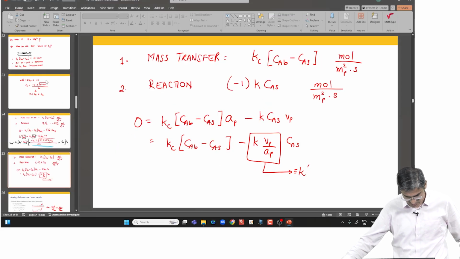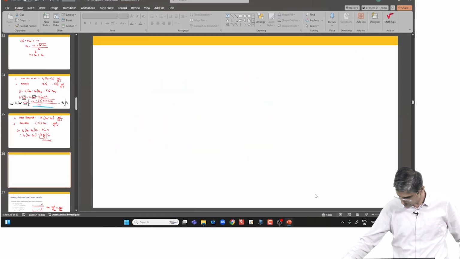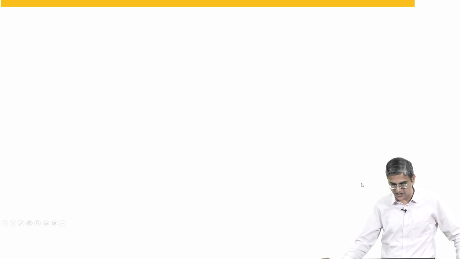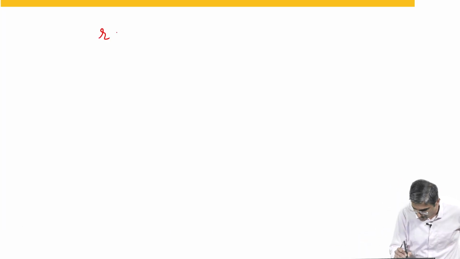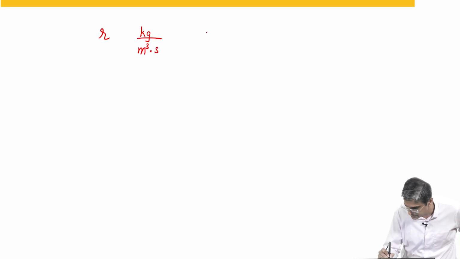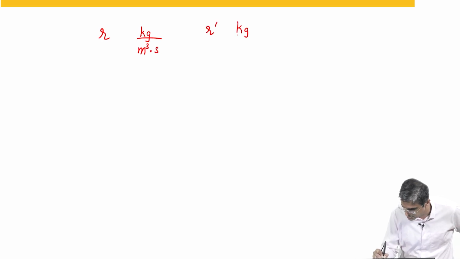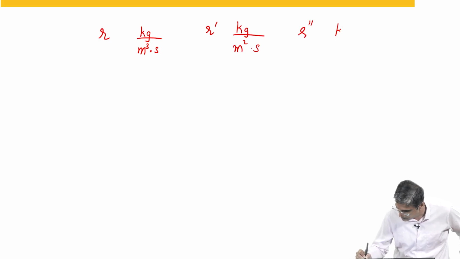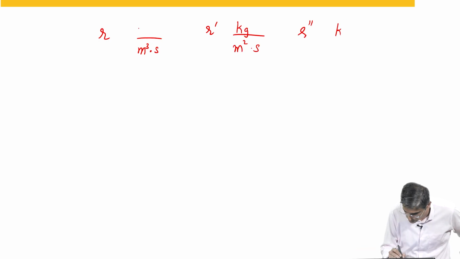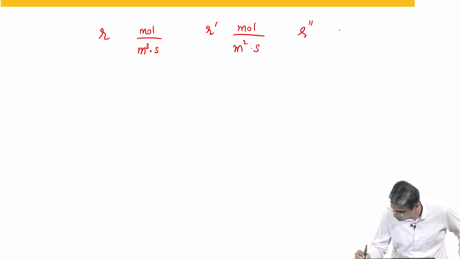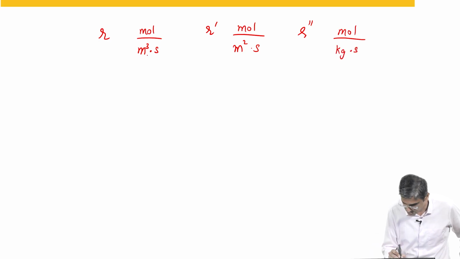Again, you have to connect the different parts. R is in moles per meter cube second, R dash is moles per meter square second, and R double dash is moles per kg of the catalyst.